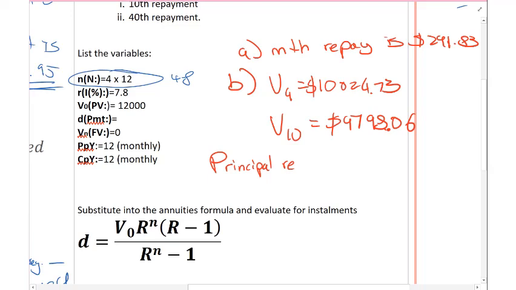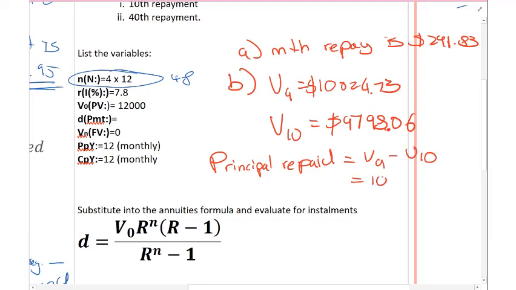So going from the 9th to the 10th, principal repaid is equal to, hang on, I should be a bit clearer here. That's V9 minus V10, basically.